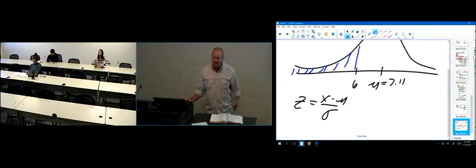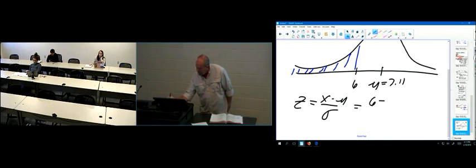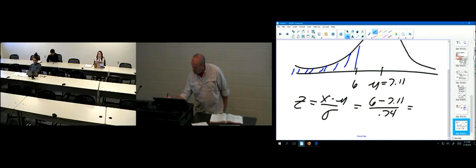I need to standardize this value here again. Yes, I wrote that every time I've used it so you know exactly what the standardized value, the z-score, is. You're going to take 6 minus 7.11. What did you get this time?